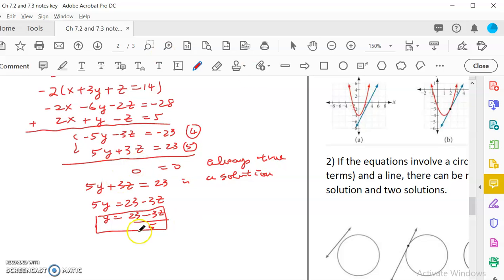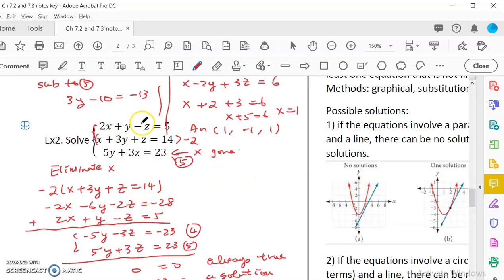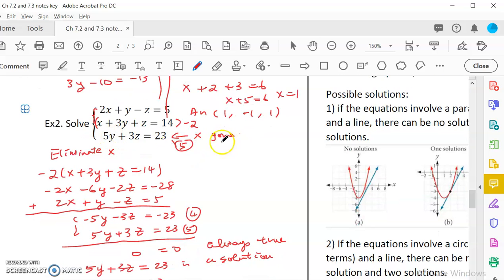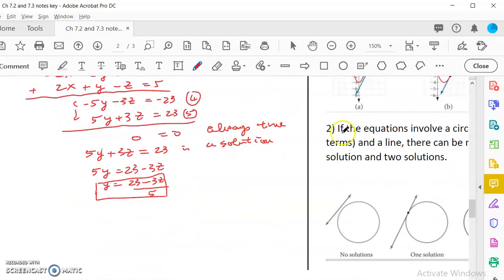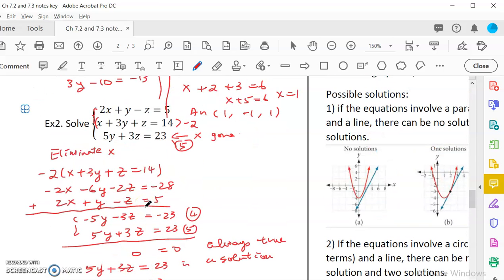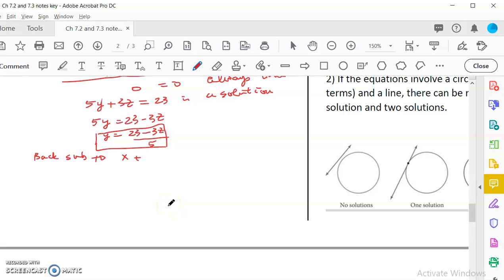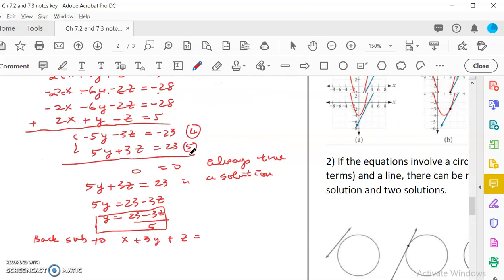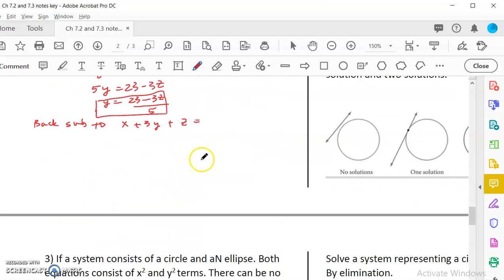And what about x? Let's use one of the equations up here. Oh, well, maybe I'll use the second one. x plus 3y plus z equal to 14. Back substitute. x plus 3y plus z is equal to 14. Right? So I can use it to solve, right?